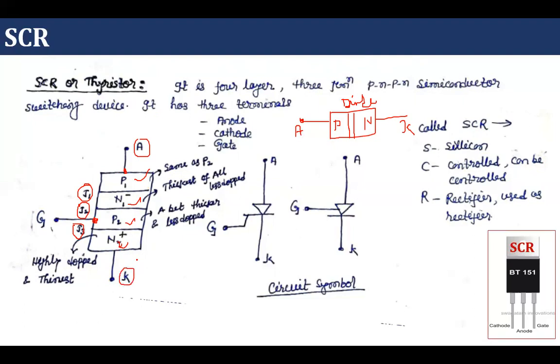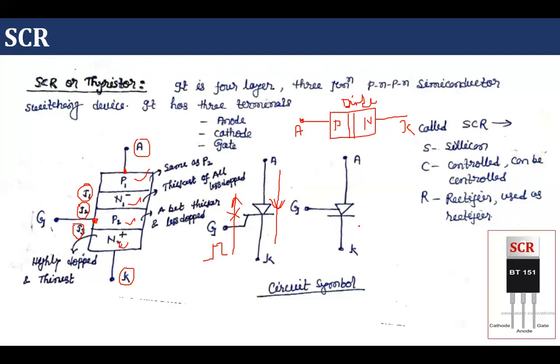Now one thing is very clear: the terminal names are anode and cathode, which means current is going to flow only in this direction. Whenever the gate is triggered, this device allows flow of current only in this direction, from anode to cathode. It will not allow flow of current from cathode to anode, even if we provide the trigger signal or gate signal.